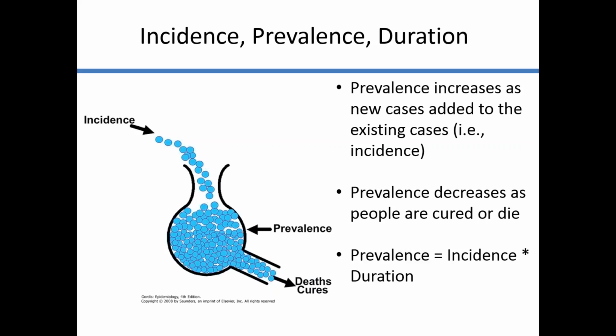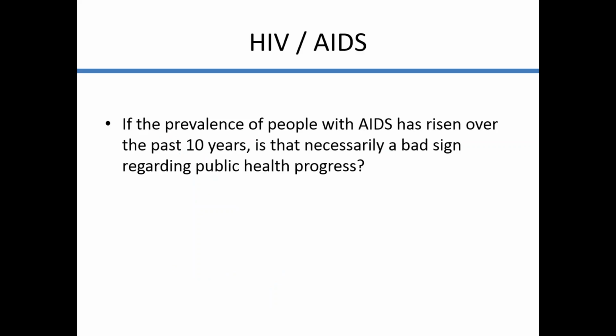But if the death rate goes down even more, then the prevalence is going to increase. So sometimes an increase in prevalence does not mean that more people are getting the disease. It could simply mean that more people are living with the disease. We found a way to stop people from dying from AIDS. So in this case, the increase in prevalence is not necessarily a bad sign regarding public health progress.